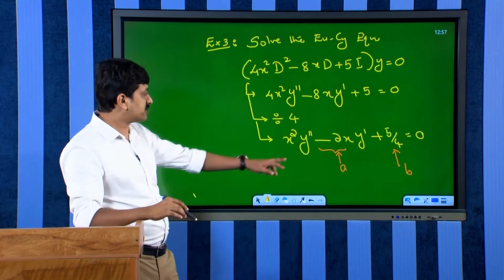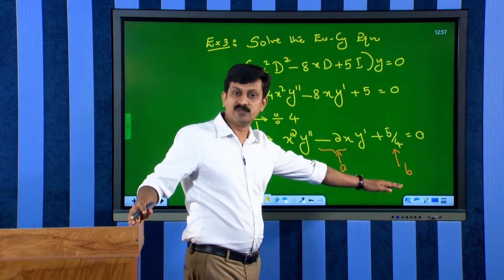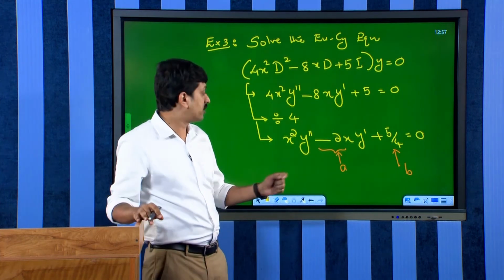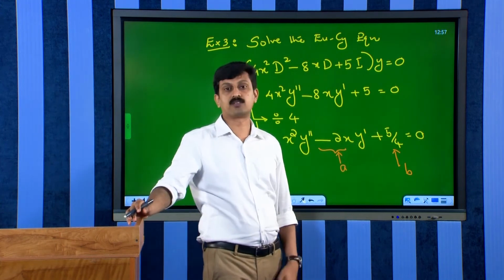So, we can replace the value of a and the value of b. Here a is minus 2 minus 1, and b is 5 by 4.